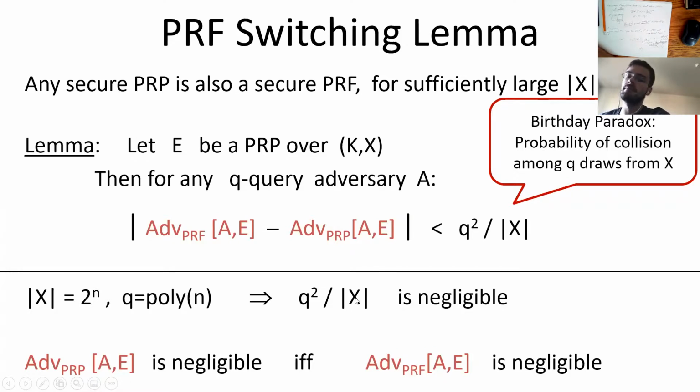Think of the domain here as just n-bit strings, so there are 2 to the n elements in it. No matter what Q is, it's a polynomial, so its square is a polynomial as well. So if one of them is negligible, then so is the other, because the difference between them is negligible.